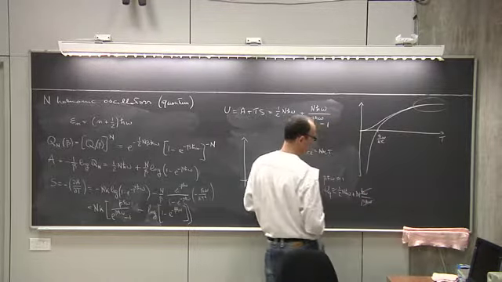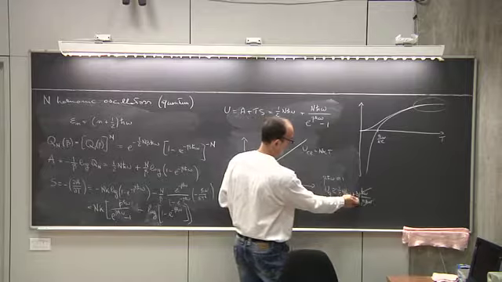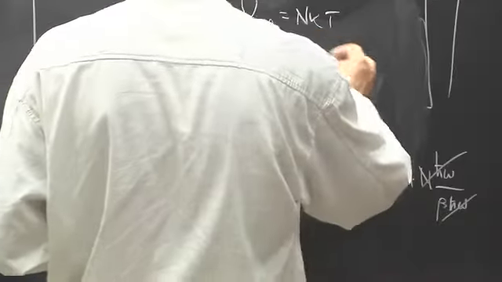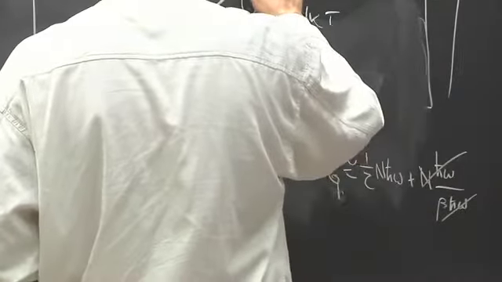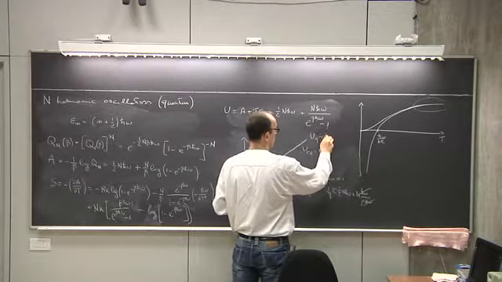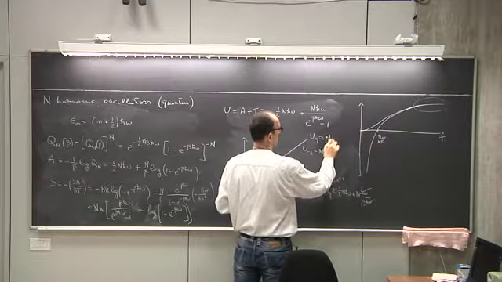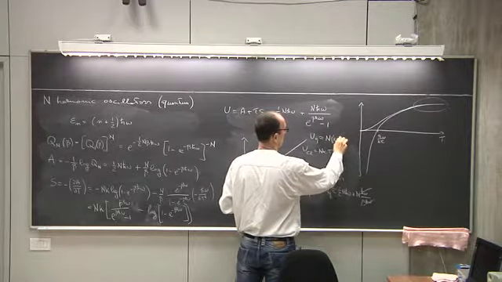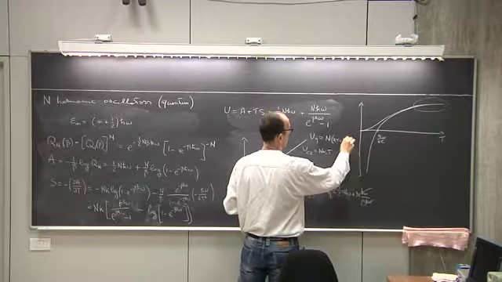So h bar omega cancels, and you have just nkT. Okay, so the quantum energy will be just N, which multiplies kT plus 1/2 h bar omega.